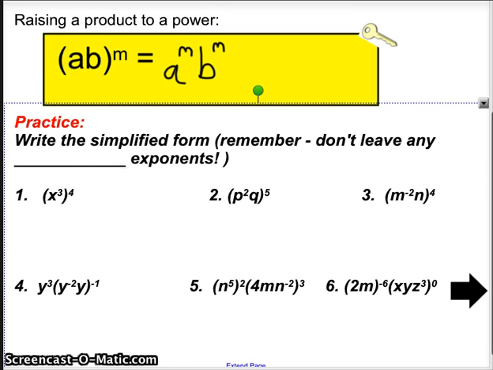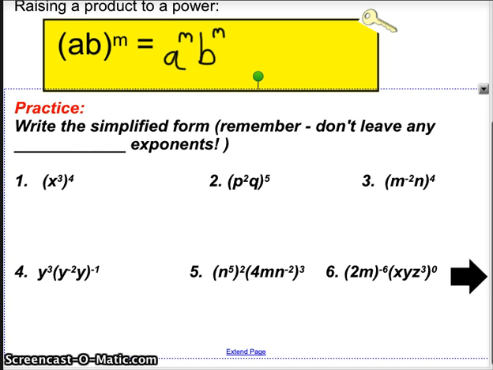Now, to get a little bit more practice in, first, write the simplified form of these. Remember, don't leave any negative exponents. We don't want any negative exponents here, all right? So, what are we working on? Well, x cubed to the 4th power. If I were to write this out, that's saying I have x cubed 4 times.